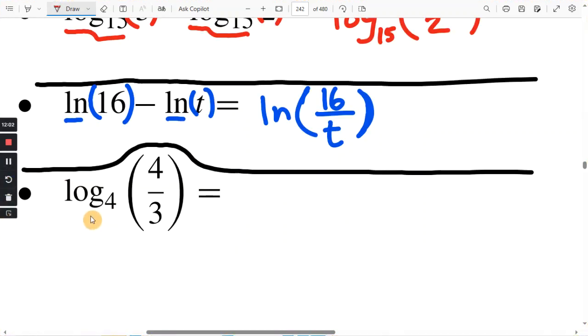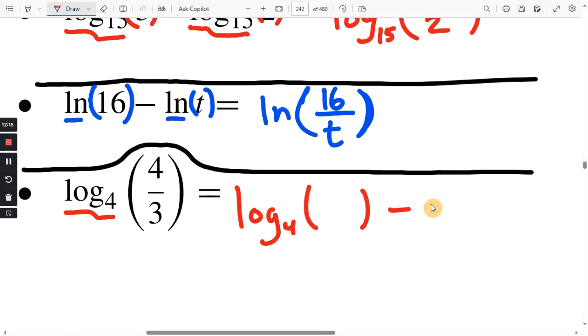All right, one more. We have log base 4, and we have a quotient or a fraction, so it's going to be minus. So let's keep log base 4 minus log base 4. The numerator is going to be the first term, and the denominator is going to be the second term.